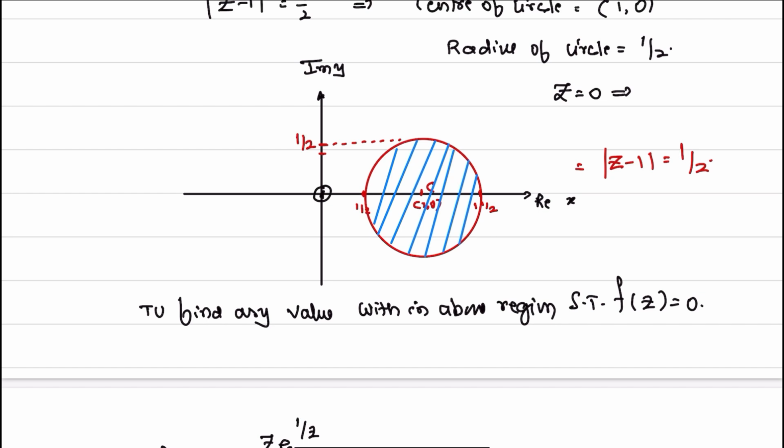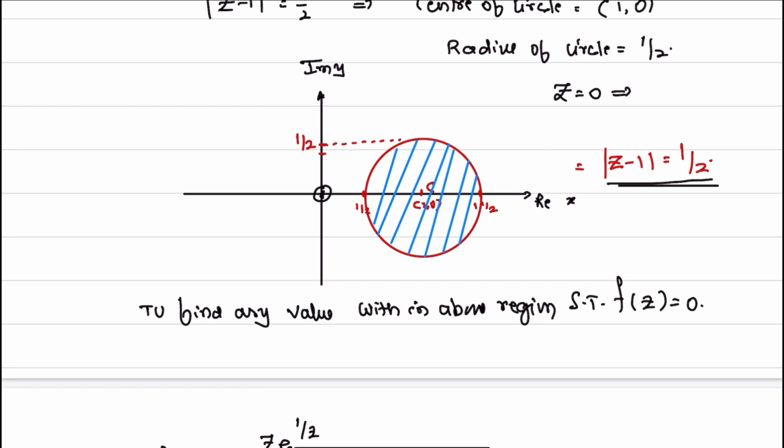This is outside the circle. Z is equal to 1 is inside the circle, but the condition is modulus of Z minus 1 should be equal to half. That condition is not being fulfilled.